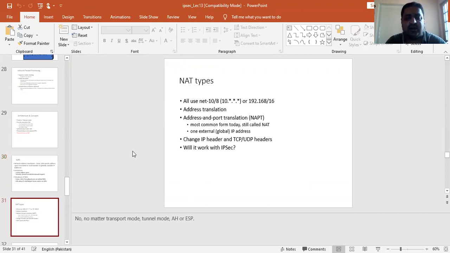There are different types of network address translation involved. For example, we can translate the private IP address to the public IP address, and the public IP address to the private IP address. Or we can use port numbers.